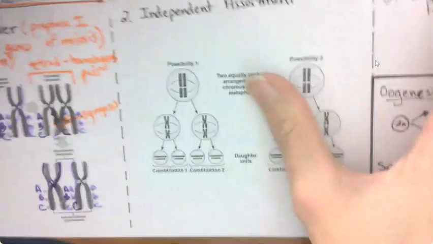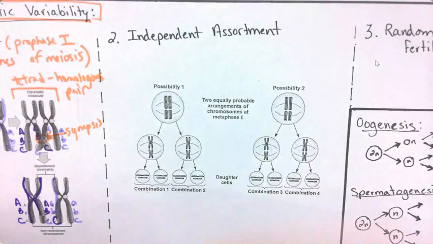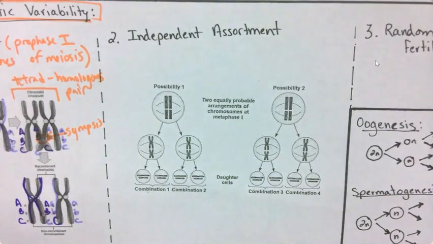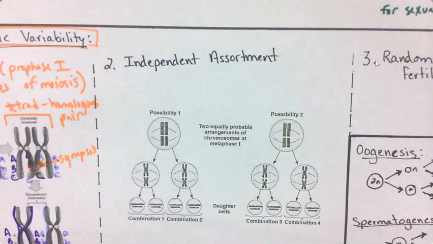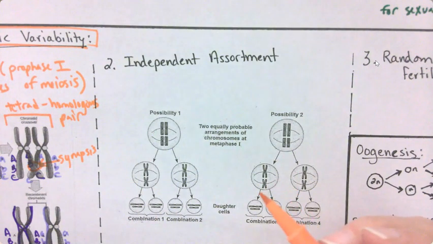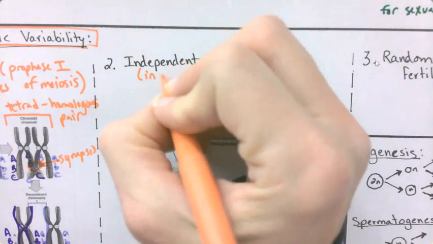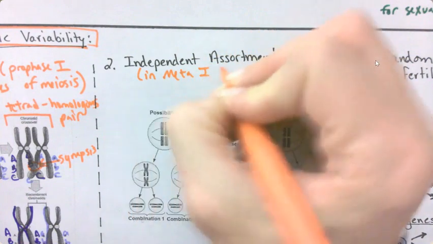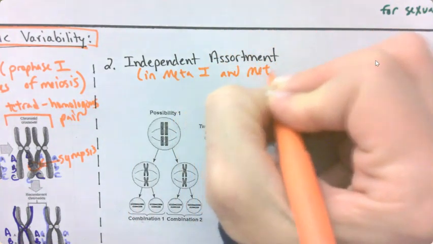Another way we can increase genetic variation is by independent assortment. Independent assortment is how the chromosomes separate, but the thing that allows independent assortment is how they line up in metaphase of meiosis. So in independent assortment, this occurs in metaphase 1 and metaphase 2.